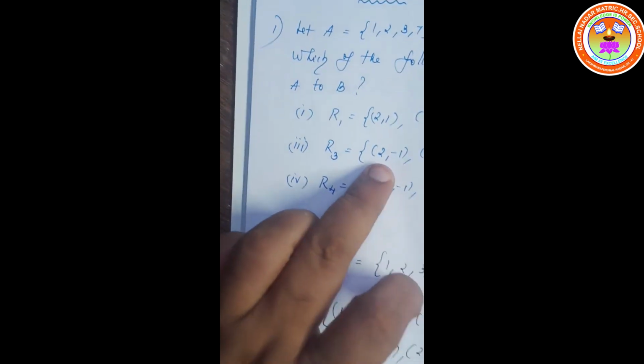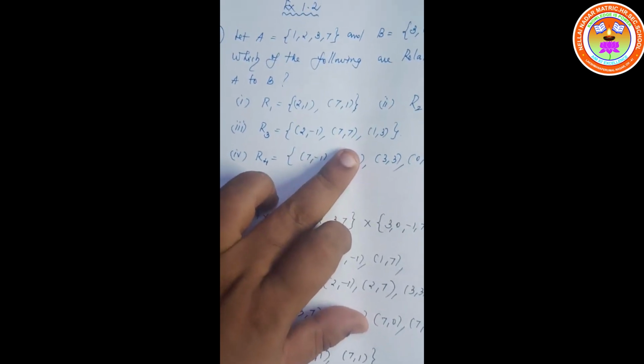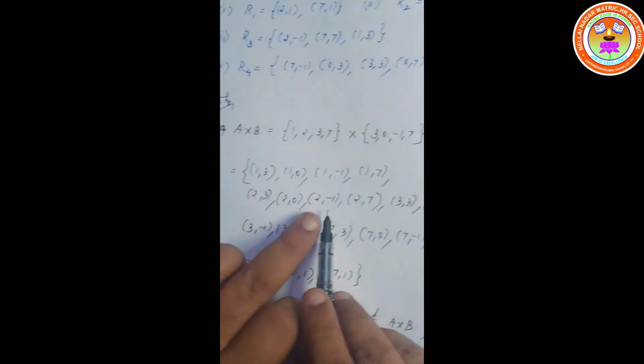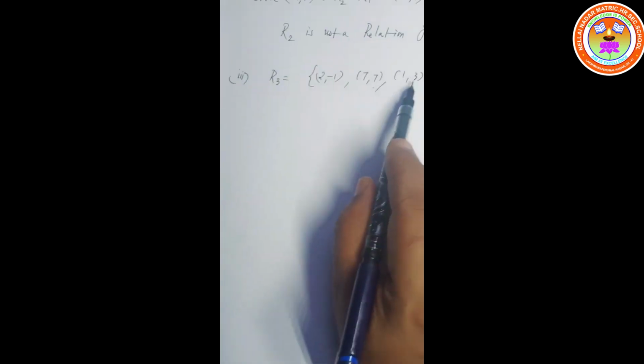Now subdivision number 3, R3 is given. R3 equals {(2, -1), (7, 7), (1, 3)}. Okay. (2, -1), here it is in A cross B, correct? (7, 7), yes, here it is. (1, 3), even (1, 3) is in A cross B. Very simple.